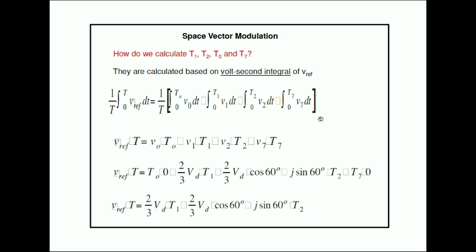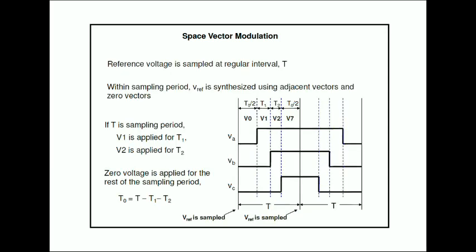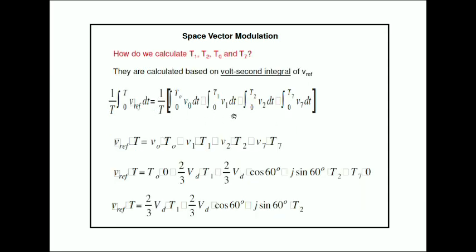How can we say that? Because the total V reference is equal to the sum of these vectors V0, V1, V2 and V7. That is why we are writing it like that.